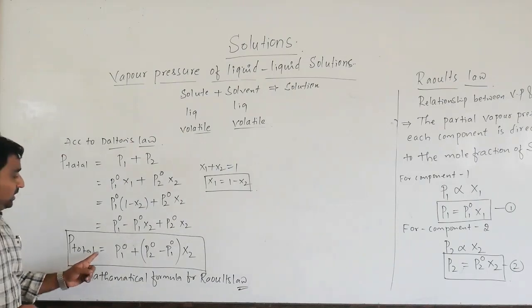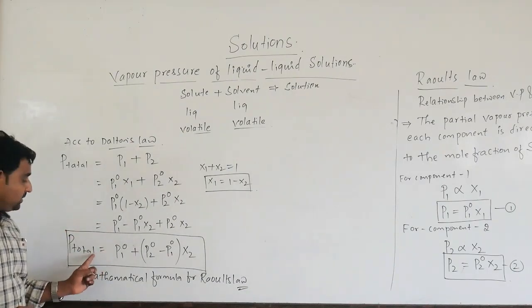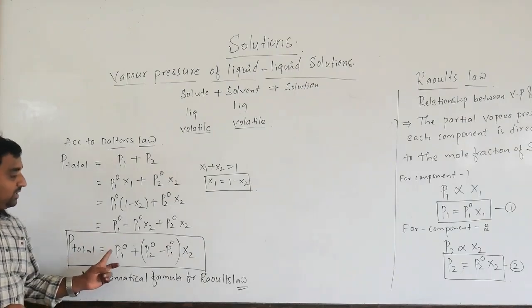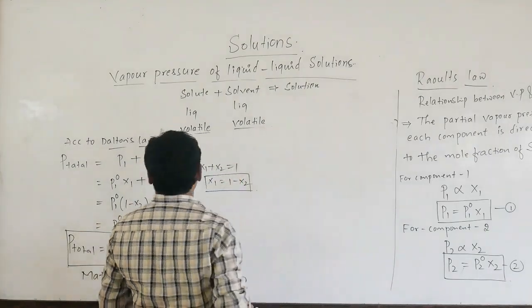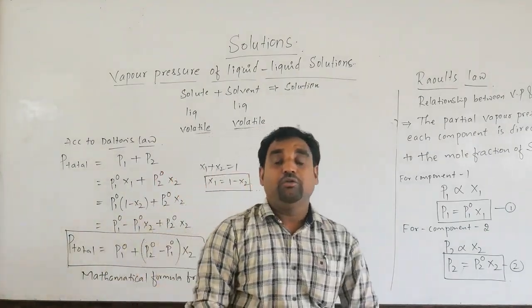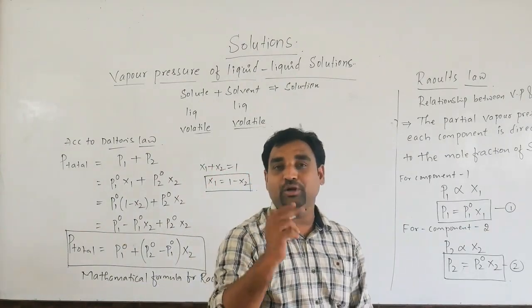You have to remember this; later we will discuss it in numerical problems also, whether you want to calculate P total or the pure component vapor pressure. Now we will discuss the vapor pressure versus mole fraction graph, how it will be. There are two components in the solution.